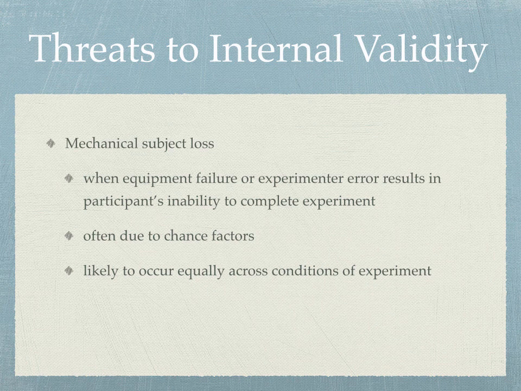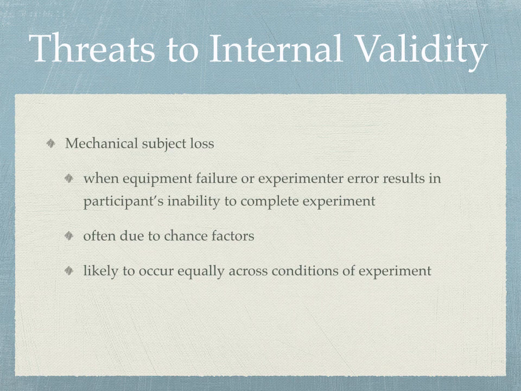We're not going to see one condition having a lot more loss than another condition if we've done a good job of balancing out our conditions. Now, if we're doing all of our treatment condition first, followed by all of our control condition, then yeah, we may have a problem.